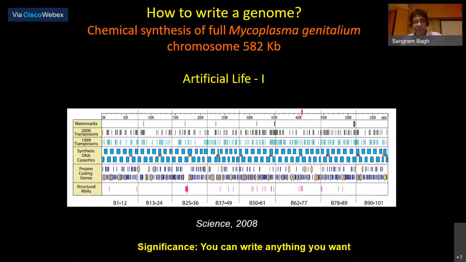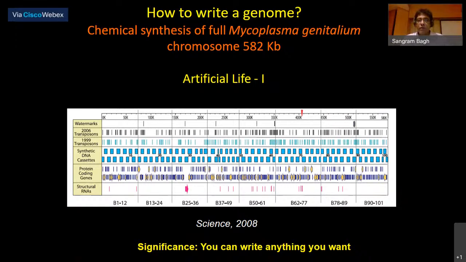Now, what is the significance? It means that you can write anything you want. This is completely different from what you know as the polymerase chain reaction. The polymerase chain reaction is like photocopying, right? Because for polymerase chain reaction, you need a template, and then you start multiplying it, copying it like a photocopier. Whereas synthesizing a genome means you can write anything you want, right?